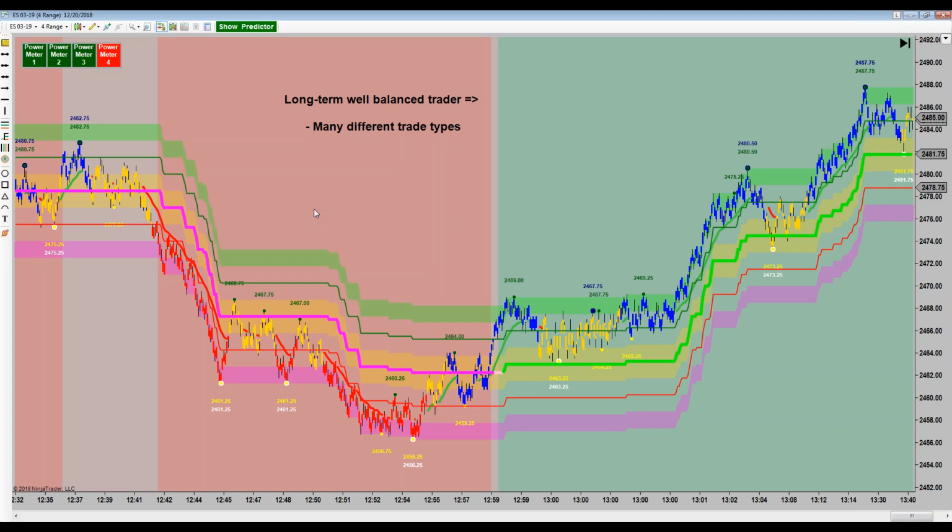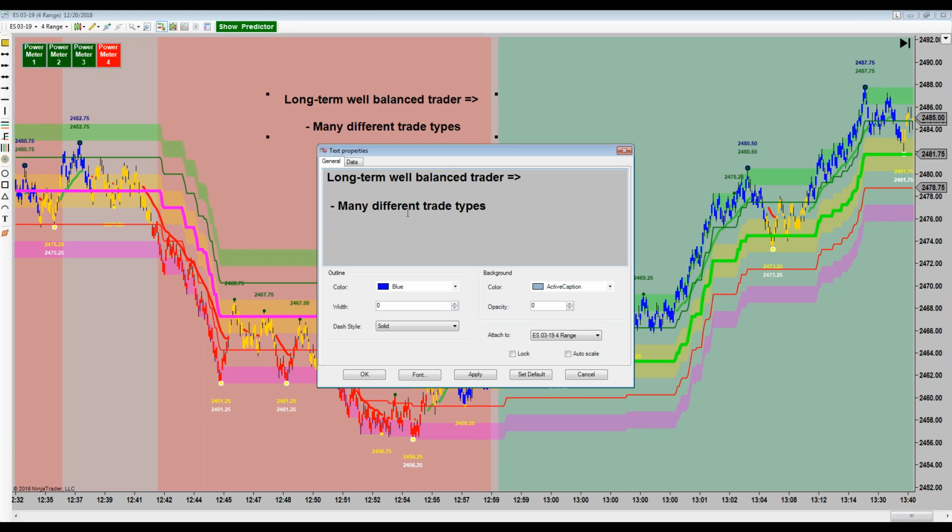But that being said, we feel that one of the best trades to learn on, in other words, let me go one step further, is where you need to build a foundation.